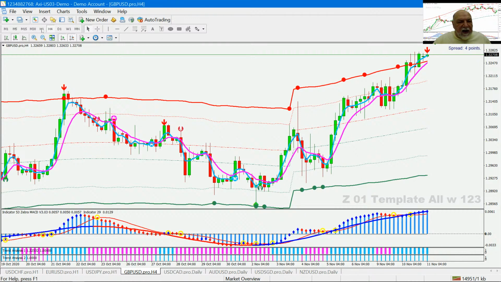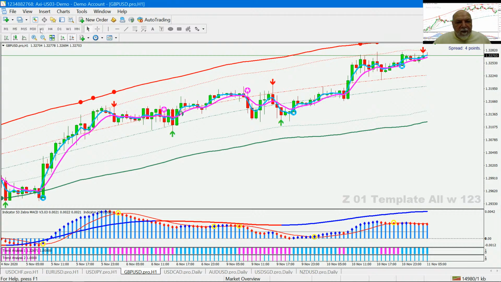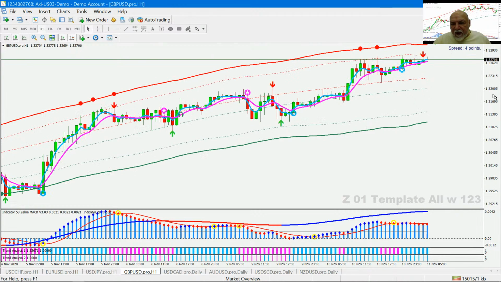Let's go ahead and look at the H1. Is this H1? Yeah, this is H1. This looks a little strange. In the H1, we haven't really gotten into the, let me bring this down a little bit. Okay. We went into the upper band back here, nothing happened.